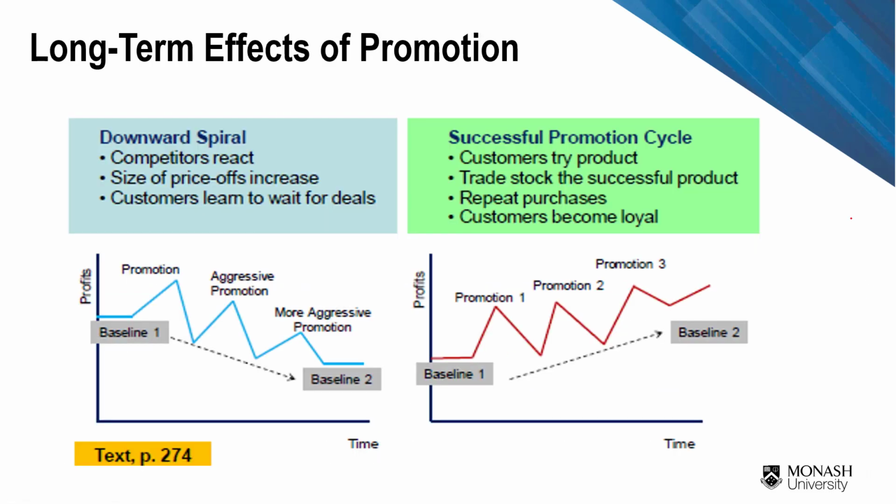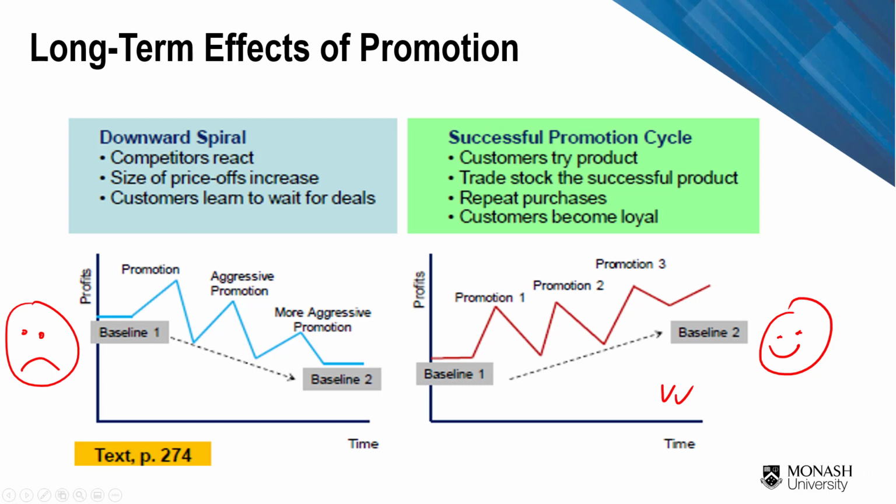Okay, so for the long-term effect of promotion, you really want the baseline level to go up. Like for example, the case on the right here, all right? So you want this. You do not want this, all right?